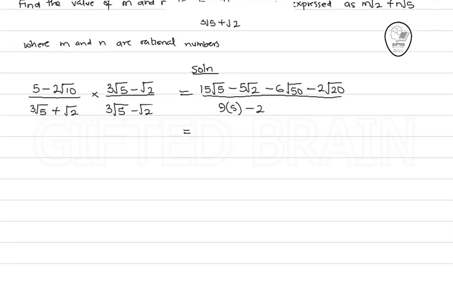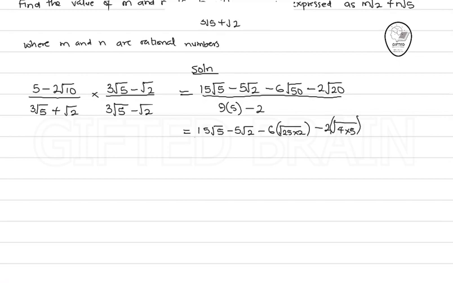So what we just simply need to do is to express some of the surds in their basic form. So if you express in its basic form, the minus 6 root 50 is expressed as root of 25 multiplied by 2. And then minus the root 20 can be expressed as 4 times 5.